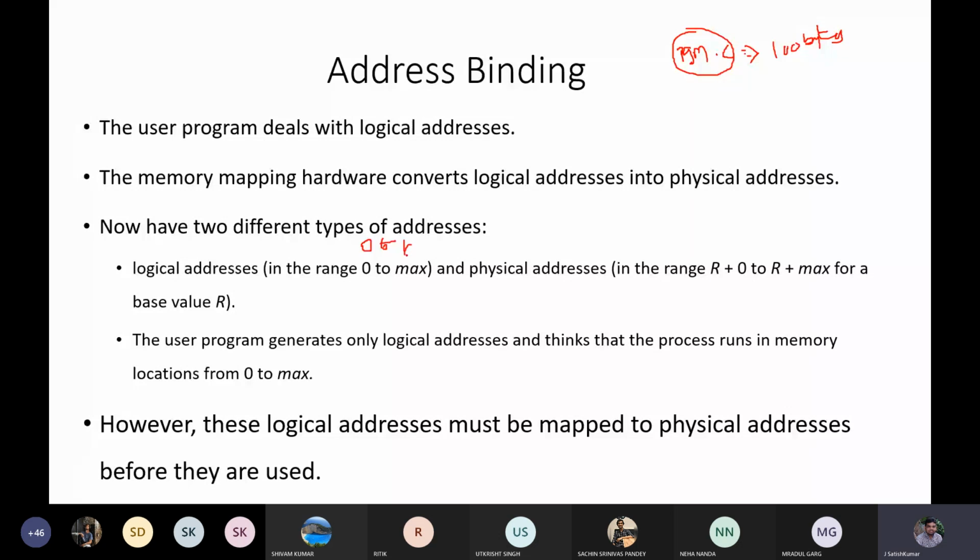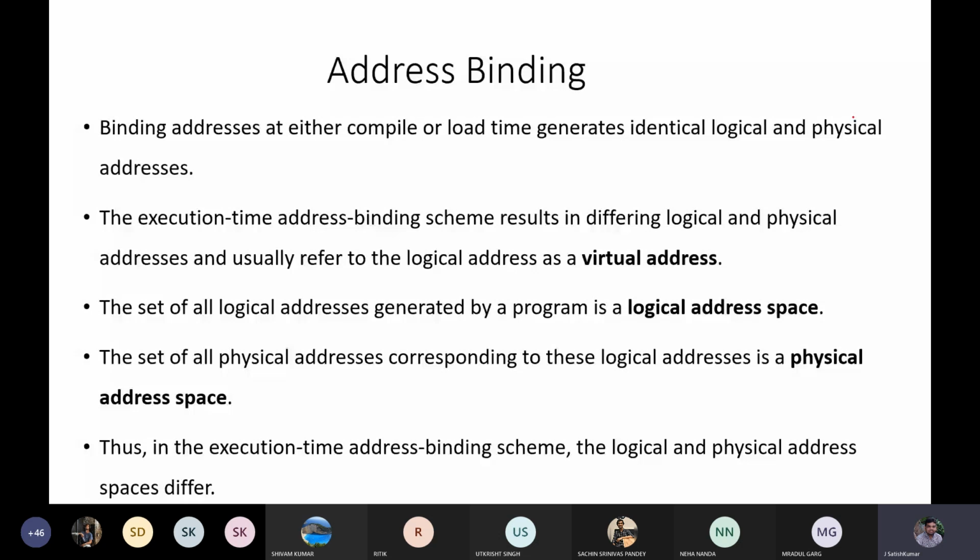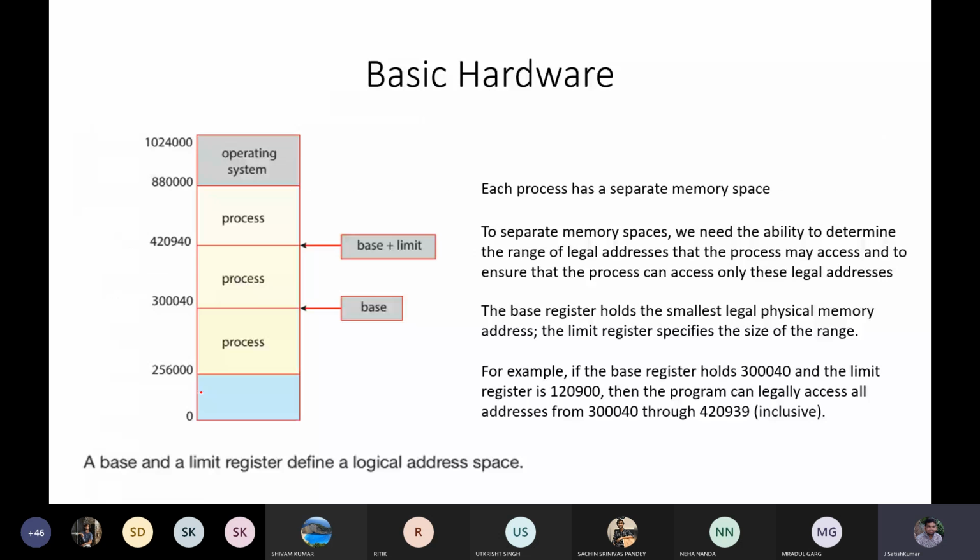How much memory a particular program requires in order to execute, that is all I am worried about. That is the logical address. But where will these 100 bytes be placed in the physical memory? If this space is available, it can be placed here. If this process is finished, it can be placed here.